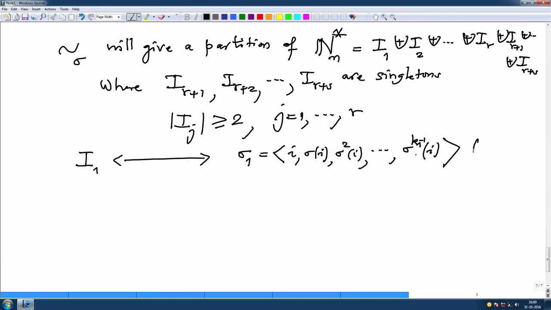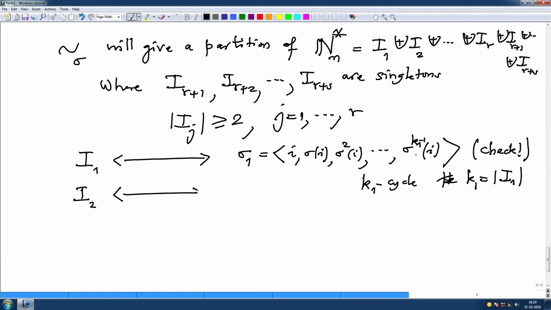That is very easy to check; I will leave it for you. So I_1 will give, and all elements of I_1 are exhausted, a k_1-cycle, where k_1 is the cardinality of I_1.